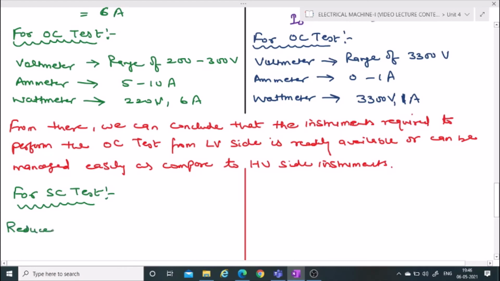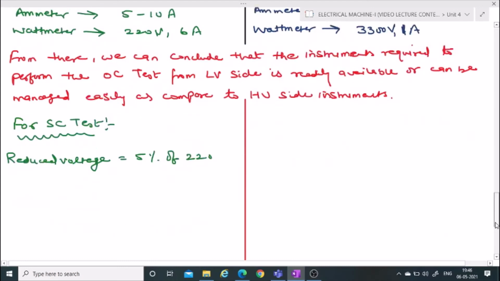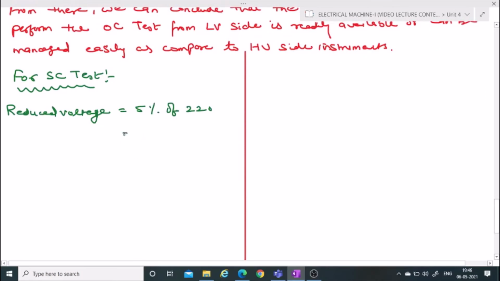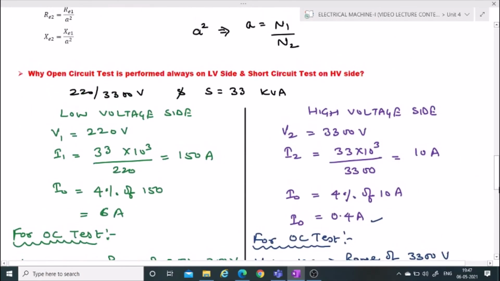So the reduced voltage will be, suppose, 5% of the rated voltage, that is 220 volt of the low voltage side. So this will be equal to 11 volt, and the rated current which we have calculated above will be 150 ampere.